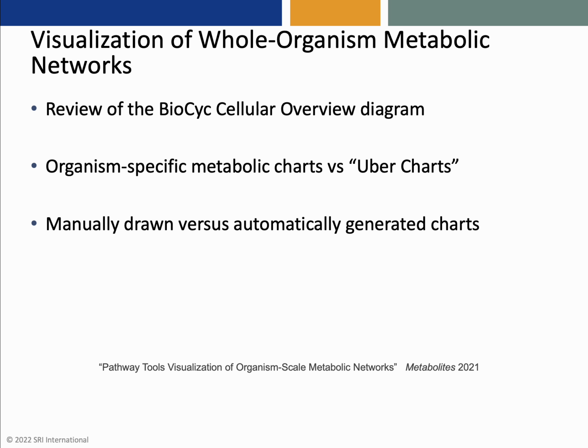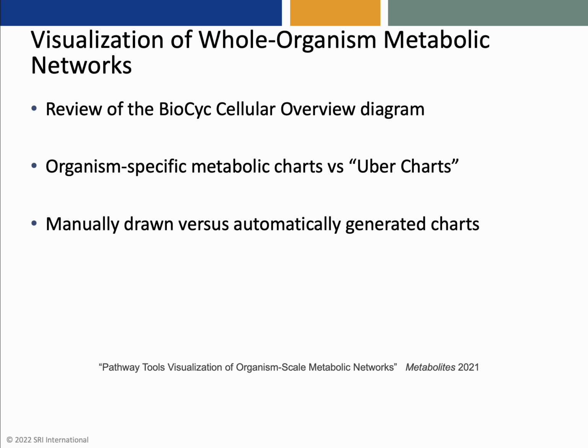I'd now like to talk for a moment about the KEGG and BioCyc approaches to visualization of whole organism metabolic networks. So we're going to take a look at the BioCyc and KEGG cellular overview diagrams, their whole metabolic network diagrams, and I want to raise the distinction of the approach of creating organism-specific metabolic network diagrams versus what I call Uber charts or Uber network diagrams.